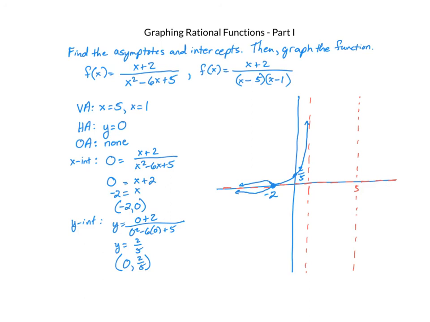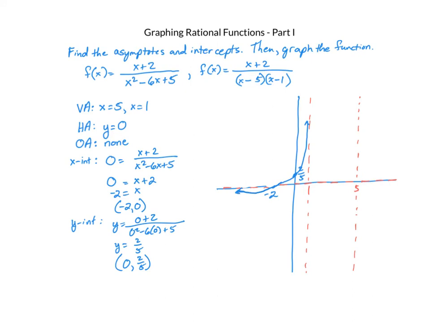Just like we saw when we were graphing polynomial functions, if this factor is raised to an odd power, it will cross. So we know for this part of the graph, it's going to cross there. So let me erase this part up here. So we have our graph. It crosses, goes down, and make sure it looks like it comes back up.